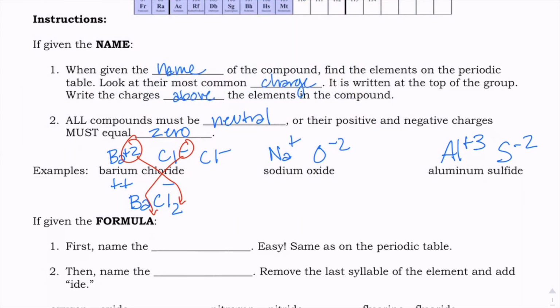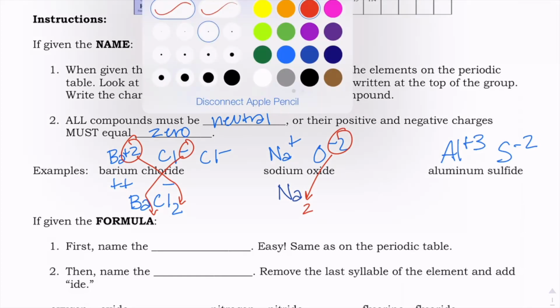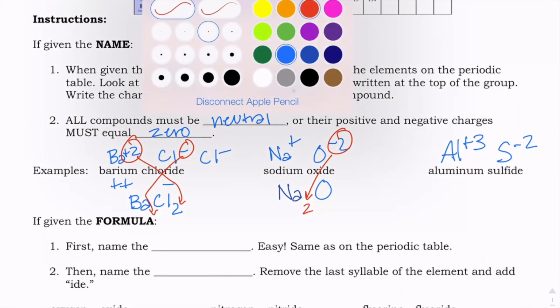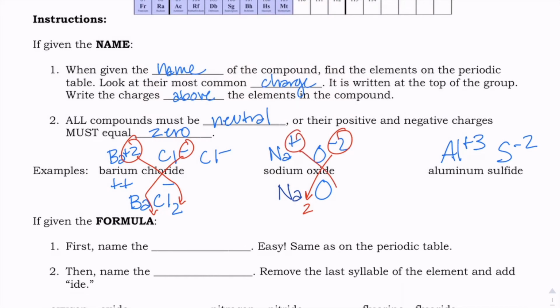Let's try this for sodium oxide. You have 1 positive sodium, and you have oxygen with a -2 charge. Again, if you just switch the charges, bring this 2 down here, and the 1 down here, you actually don't even have to write the 1 down.